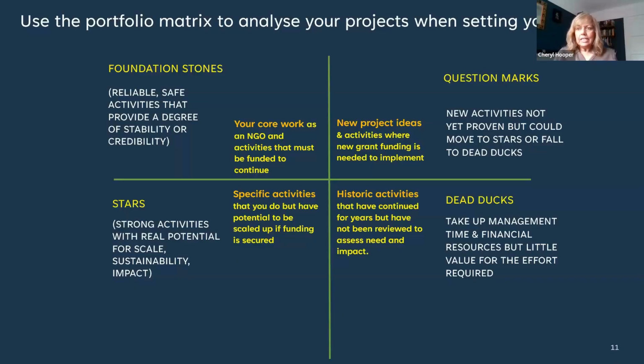So it's at this stage that you might consider dropping some activities or putting less funding into them, especially if you're finding funding difficult. So the main reason for this exercise is that it's always beneficial to critically review your projects each year and assess their impact rather than just continuing with them year after year after year.